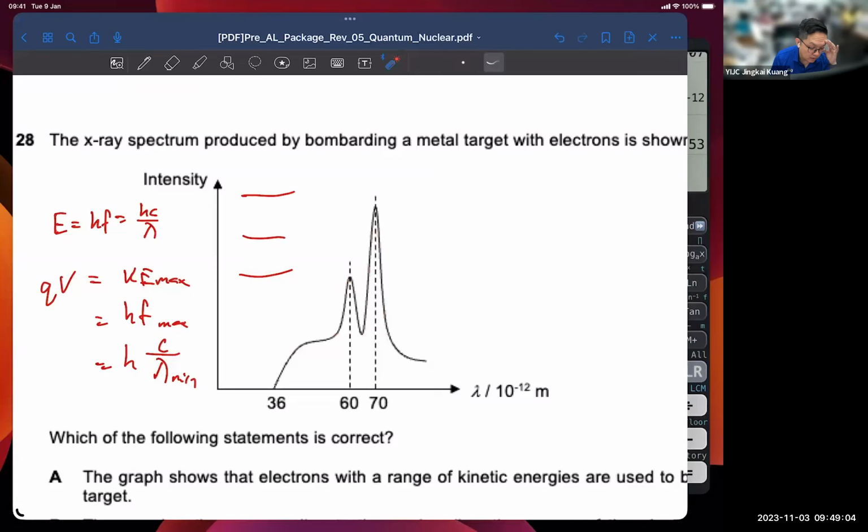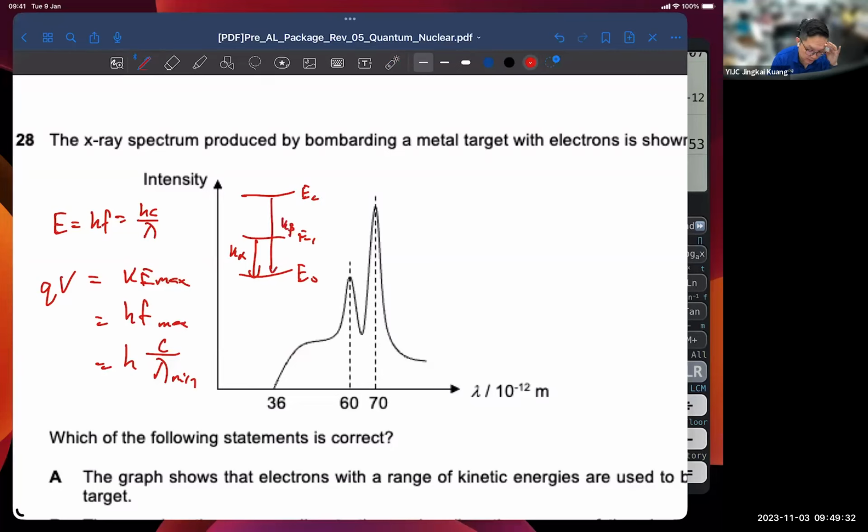Because of these peaks, you can essentially tell what kind of material it is. Then we talk about K lines and L lines, K alpha, K beta lines. So we talk about the lowest energy level. This is E0, E1, and E2, and so on and so forth. If we drop to here, this drop is a K alpha line. This is a K beta line.